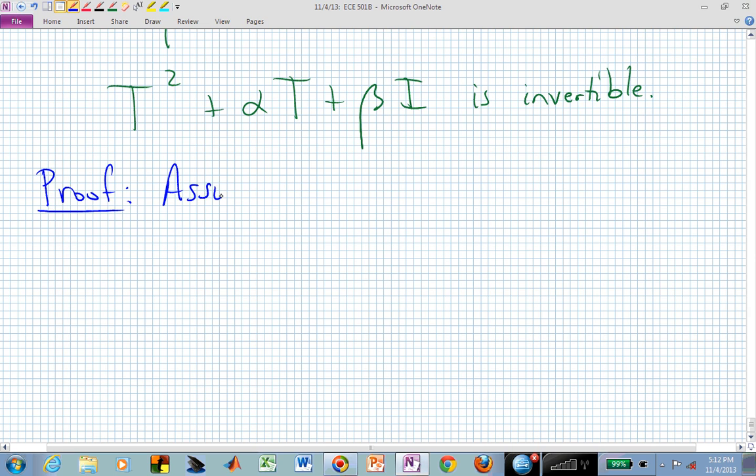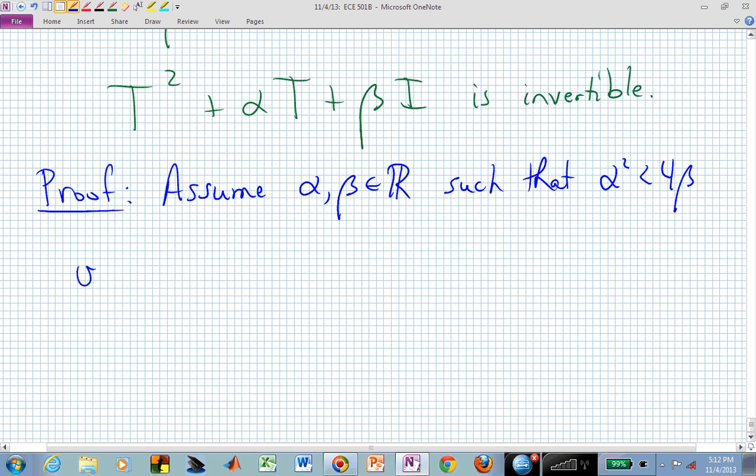Here we go. So let's now assume that alpha and beta are real and that they satisfy that last relationship, that alpha squared is less than 4 beta.